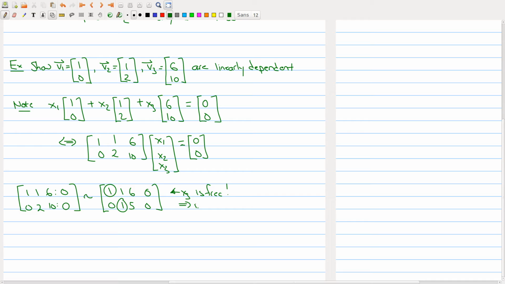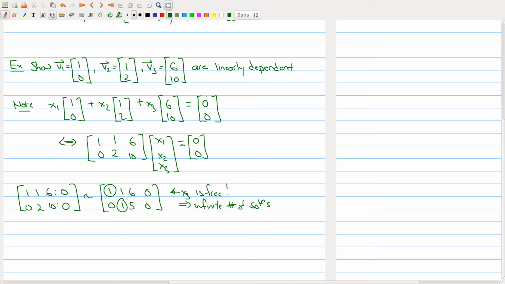So that means not only can you find a non-trivial solution to this vector equation, you can find an infinite number of them.